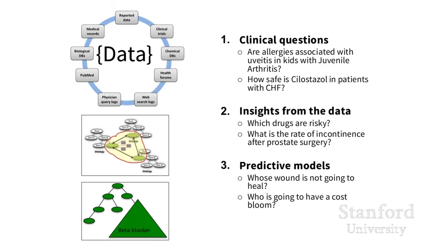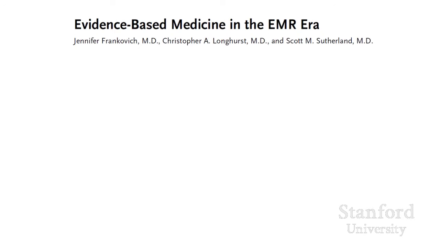All right, so to give some background as to how activities in this area started over here on campus, this paper by Jennifer Frankovich, Chris Longhurst, and Scott Sutherland came out in late 2010 in the New England Journal of Medicine. The question that these doctors tried to answer was they were faced with having to treat a 13-year-old female with systemic lupus erythematosus.